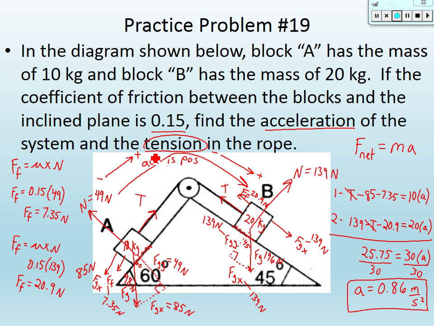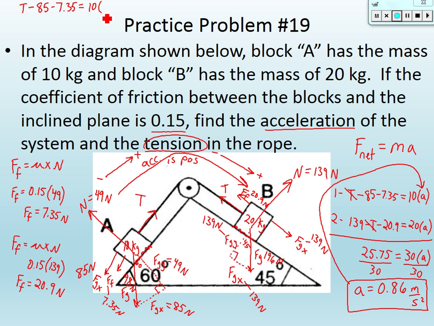I always like to plug it back into one of these equations, where tension is positive. So I'm going to go back into the top equation and move this equation up to the top left here. So tension minus 85 minus, I'm getting it from right here, 7.35 is equal to 10 times acceleration.